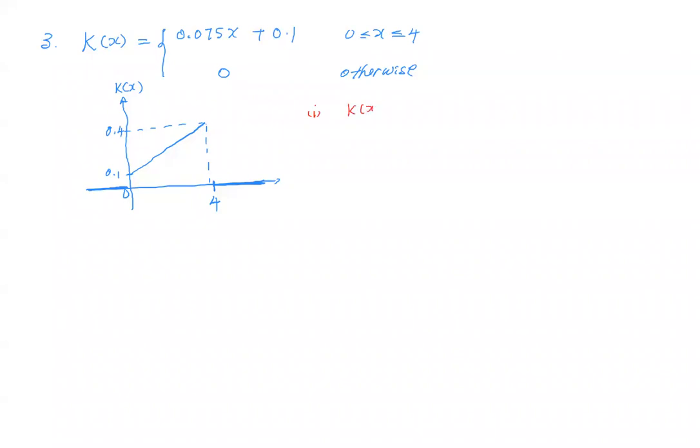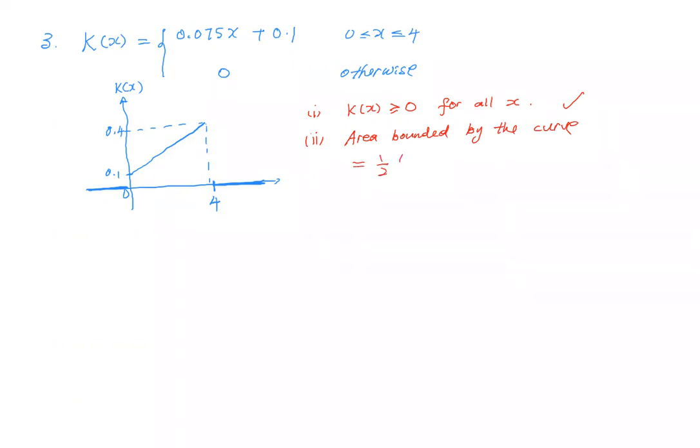Okay, so based on this graph, we know the first criterion is k(x) is greater than or equal to 0 for all x. Okay. Number 2, area bounded by the curve. Okay, so this is a trapezium, correct?